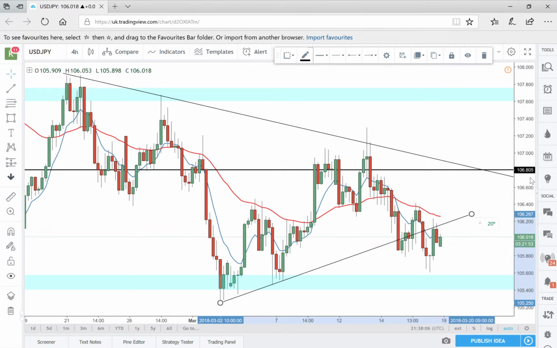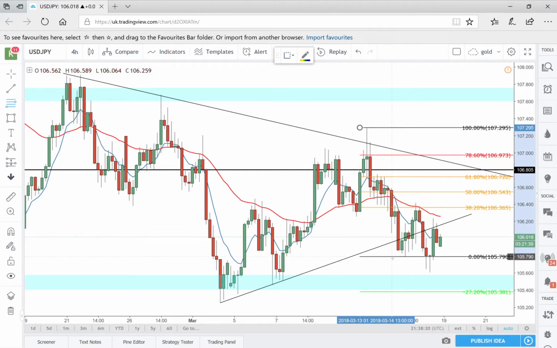I already got a good short on this pair a couple of weeks ago. I've just been following it down. Okay, if we look at the Fibonacci tool, it shows us, great, we've got a 38.2% retracement here, C retracement.